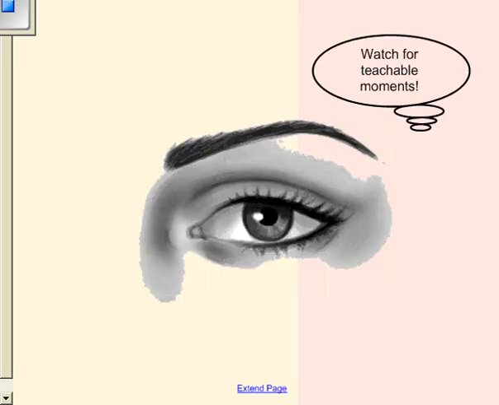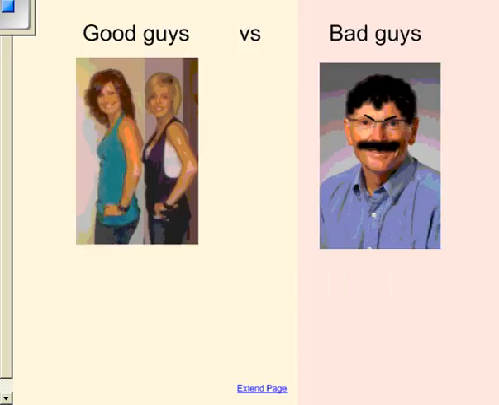So the way that we would do this is through an example of the good guys versus the bad guys. So here's Nicole and I here to save the world, and Rick is here to terrorize.